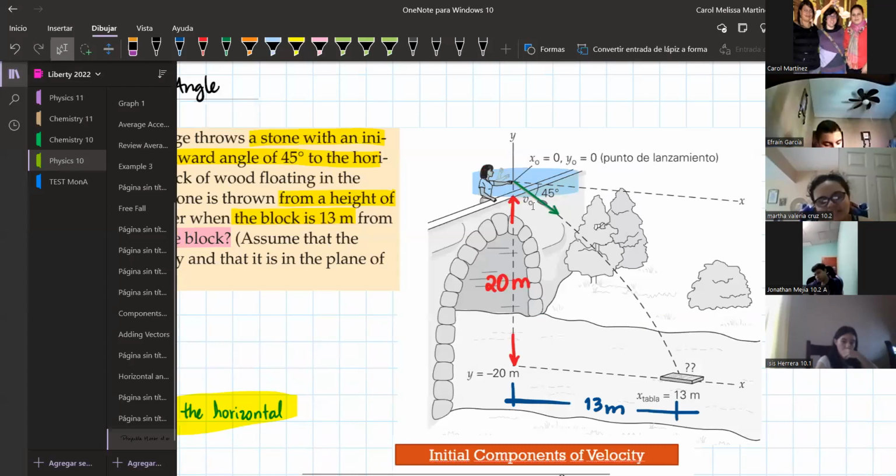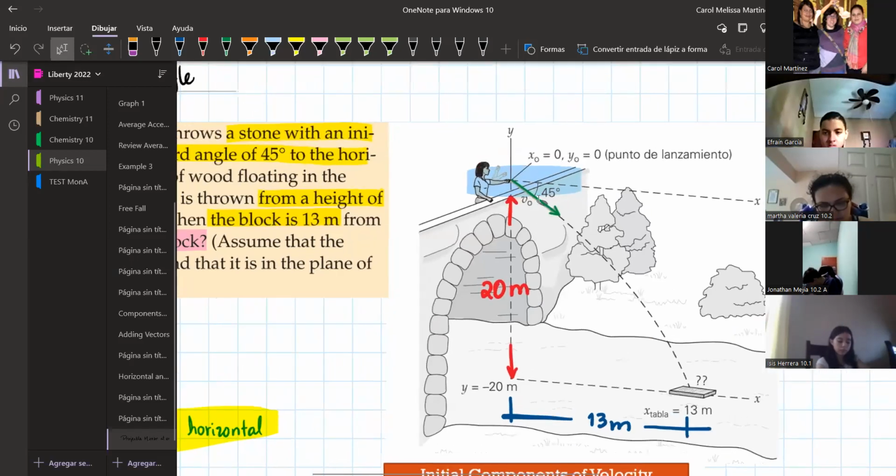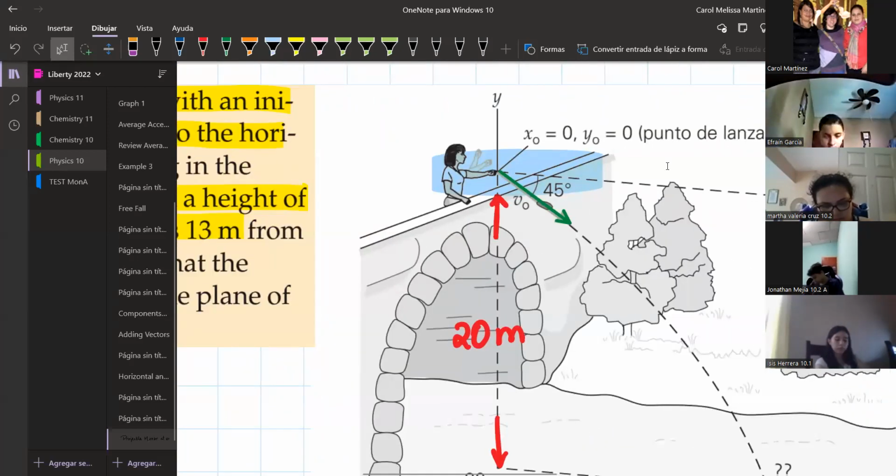So here we have the vector of the initial velocity. This vector is going to the right or to the left? To the right. It's going to the right, so it's going to be positive in x, okay? And is it going down or going upward? Down.